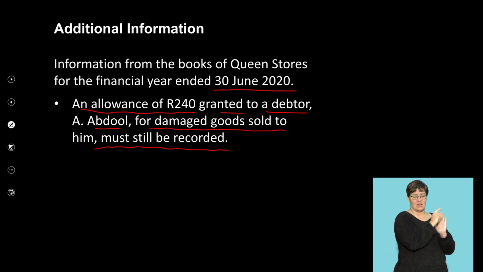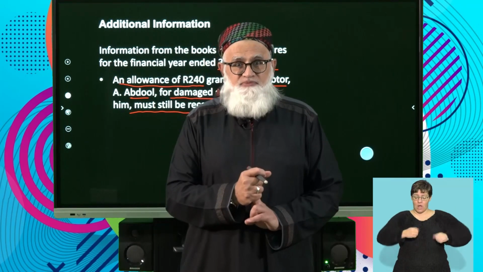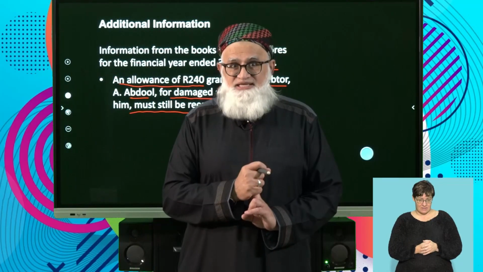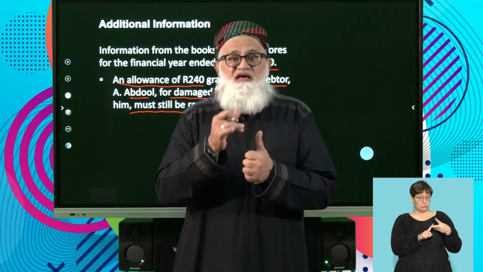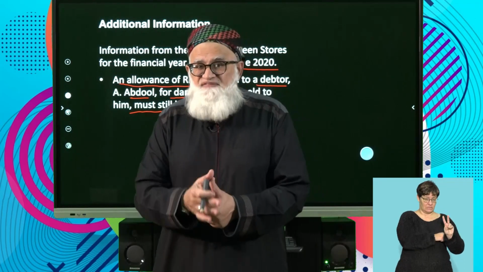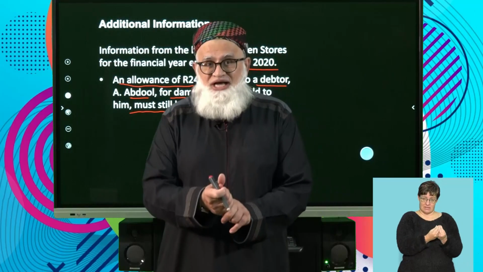Okay, now, whenever it comes to an allowance to a debtor, remember I said, and I'm saying it again, two parts to the transaction. Firstly, if there was a physical return of goods, then you need to do two adjustments.